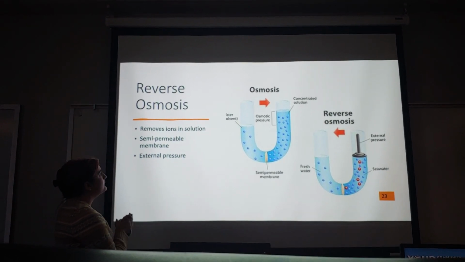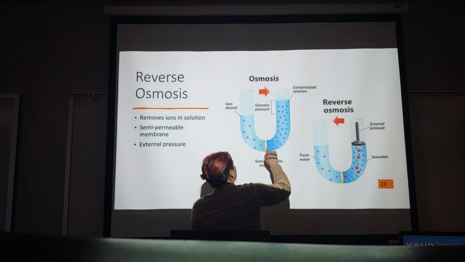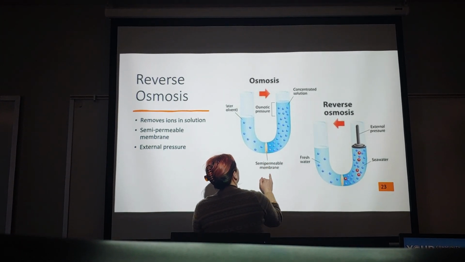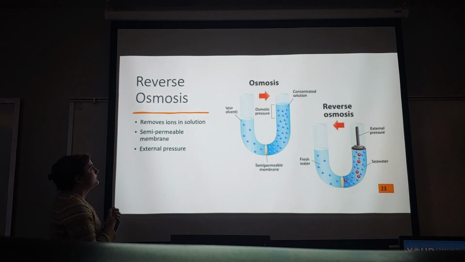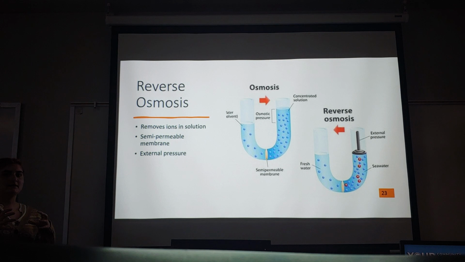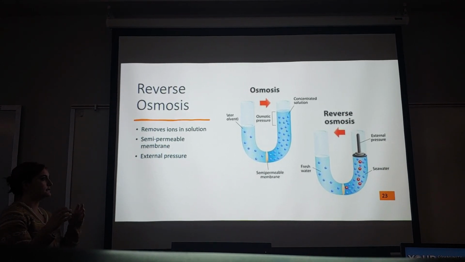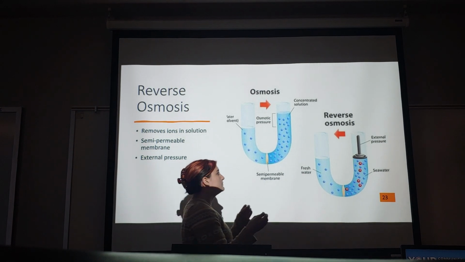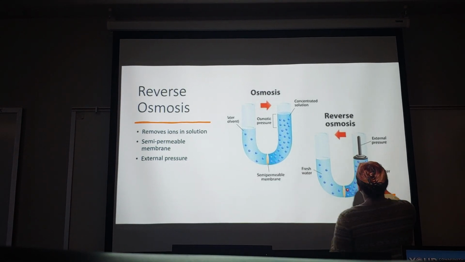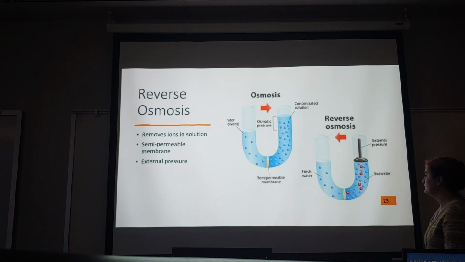Regular osmosis works with the concentrated solution going into a permeable filtration membrane, and it removes all the ions in the solution. Reverse osmosis is basically like a filter using external pressure, such as the salt water, removing the ions and turning it into fresh water.